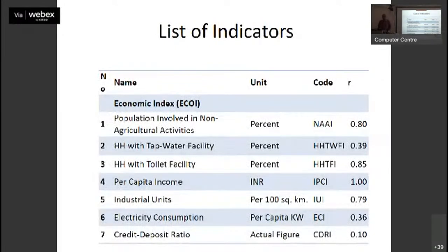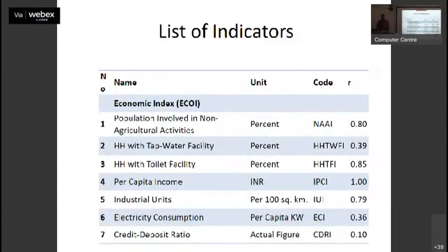Now for the economic index, what are the variables we have selected? It is not only the per capita income which reflects the economic variable: population involved in non-agricultural activities. The first indication that you are economically well off is decided by what percentage of population is working in non-agricultural activities.